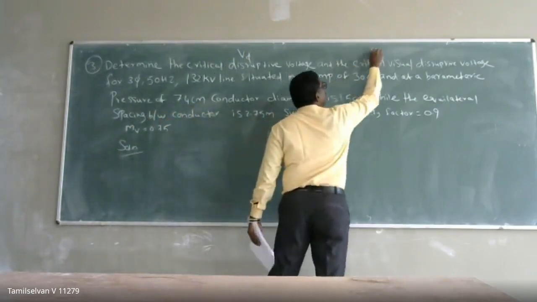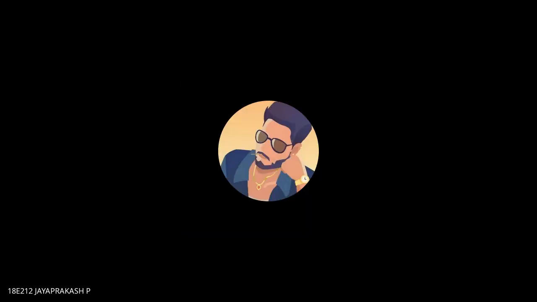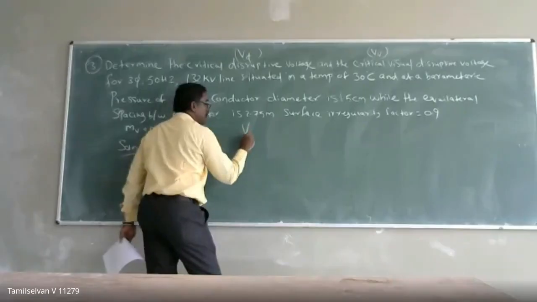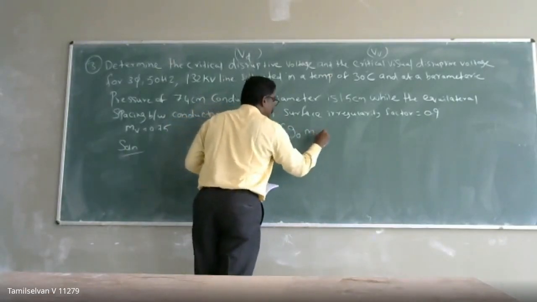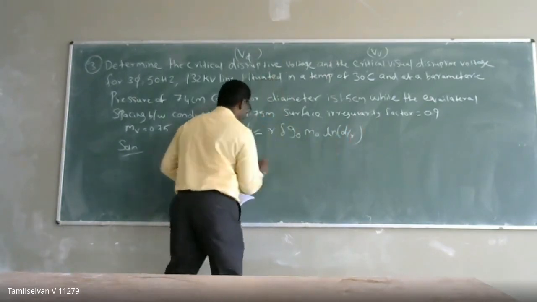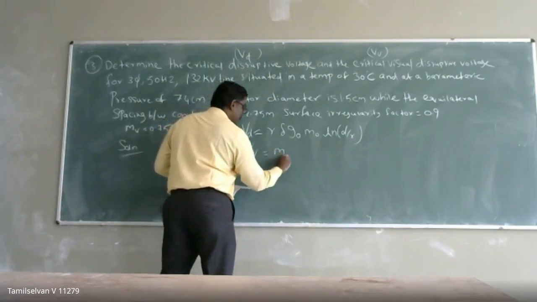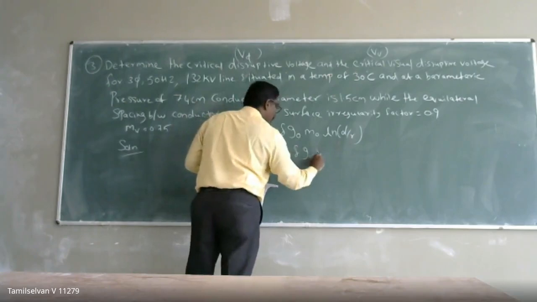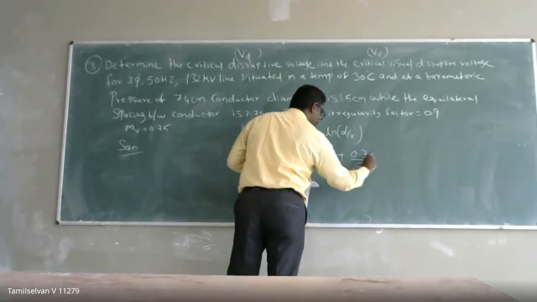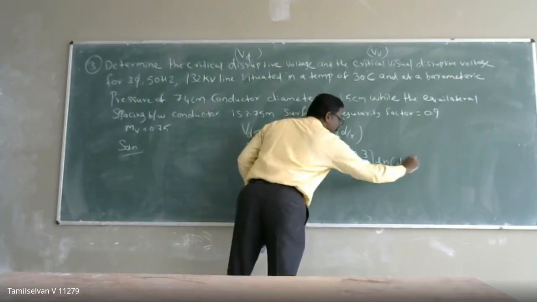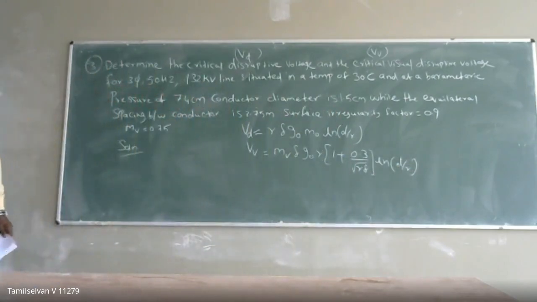It is G naught, M naught, ln of D by R, and for visual critical voltage, 1 plus 0.3 by square root of R into delta. This is the formula we are going to use to calculate the critical disruptive voltage and the critical visual disruptive voltage.